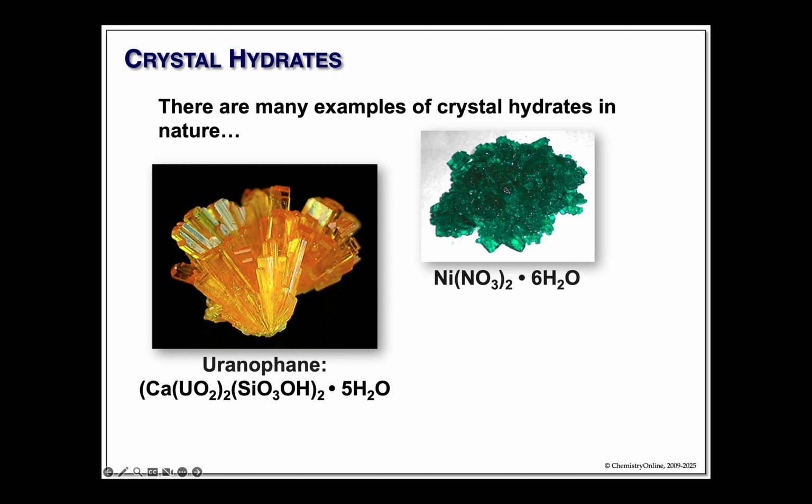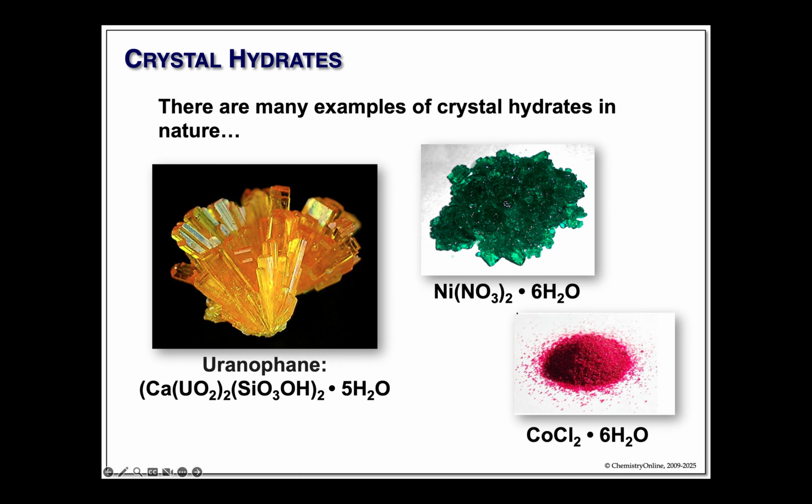Lots of crystal hydrates in nature. This one is radioactive. It has calcium, uranium, silicon, whatever. Nickel nitrate, lovely green. Cobalt chloride has actually found a market for itself. The waters here are held very, very loosely.